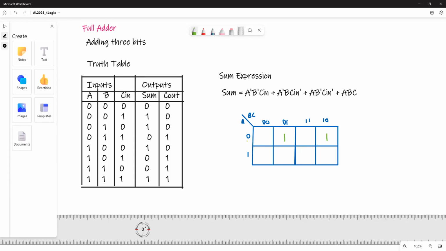And then when you say A, we have B dash C dash. This is one and this is one. If you look carefully, this representation is an exclusive OR, XOR pattern is here.